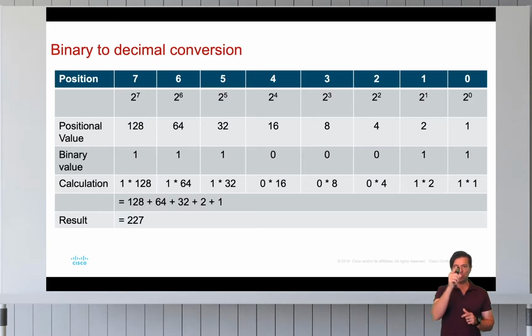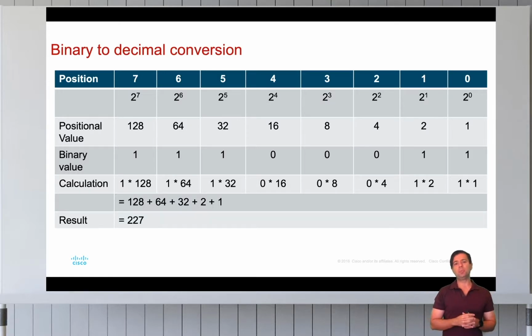We have the digit 1 in the 64s column, so 1 times 64. We do the same for 32. There's nothing in the 16s column, the 8s column, or the 4s column, it's all zeros. We have a 1 in the 2s column and a 1 in the 1s column.